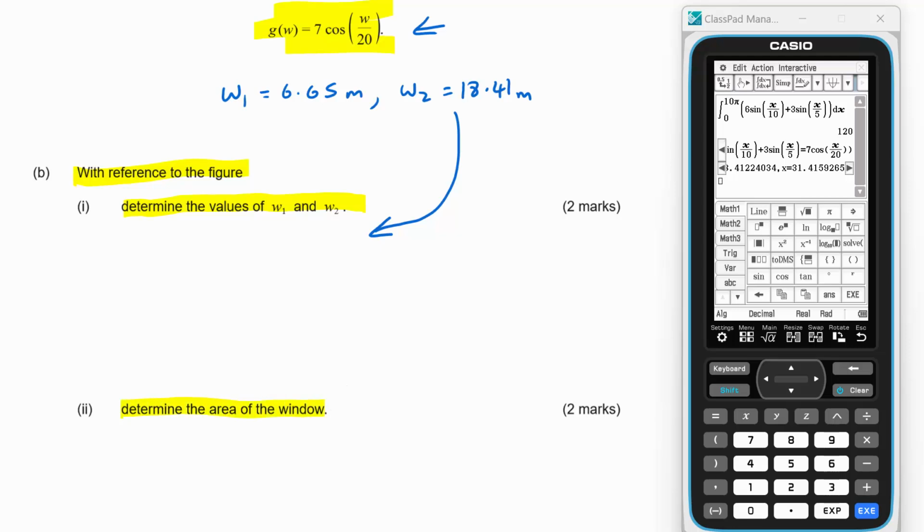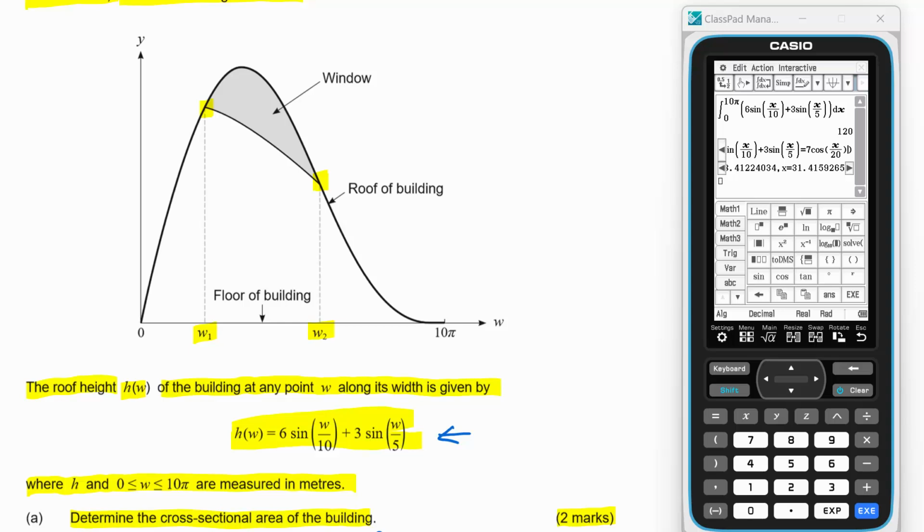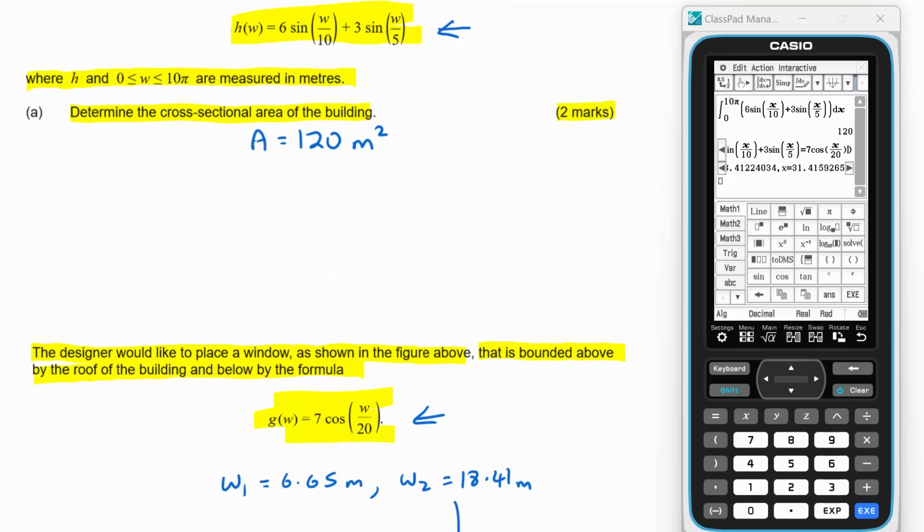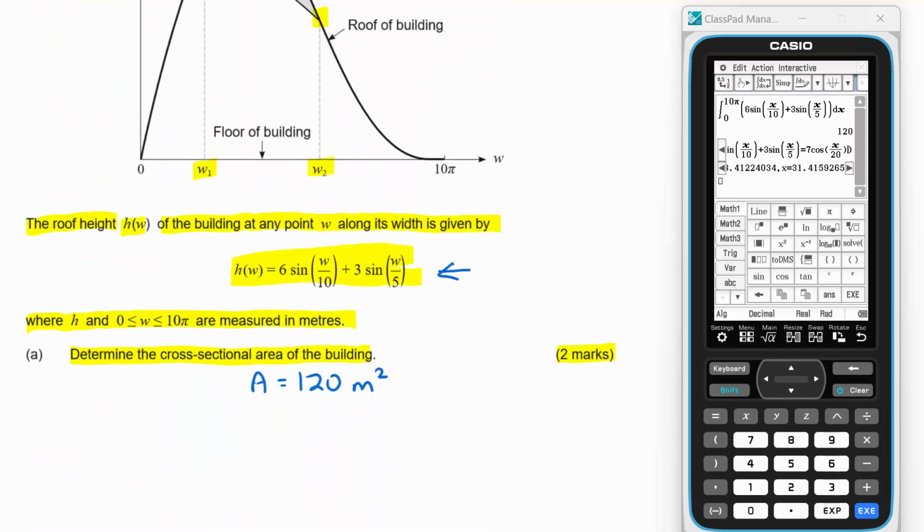And then we want to determine the area of the window. So the area of the window is the area of this shaded region here. So we're going to need an integral to do that. And it is going to be the integral from W1 to W2, and we have those values, of h of w take away g of w.